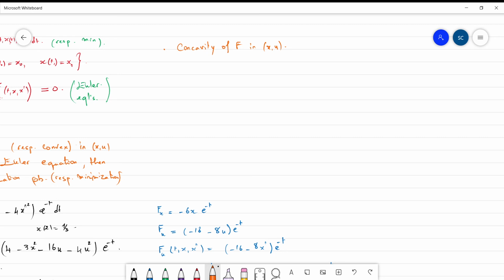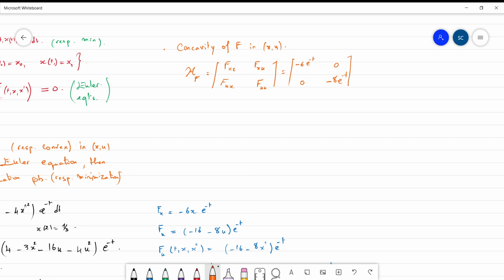Given the partial derivatives, the Hessian is f_xx, f_xu, f_ux, f_uu. So f_xx is minus 6 e^(-t), and it doesn't depend on u, so 0, 0, and f_uu is minus 8 e^(-t).